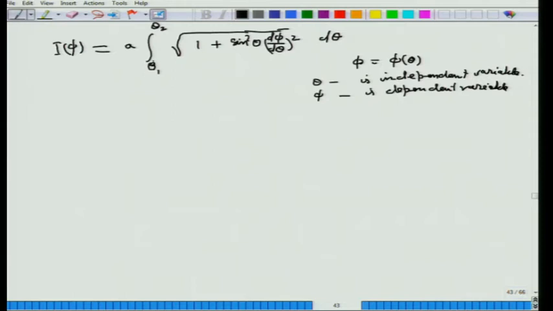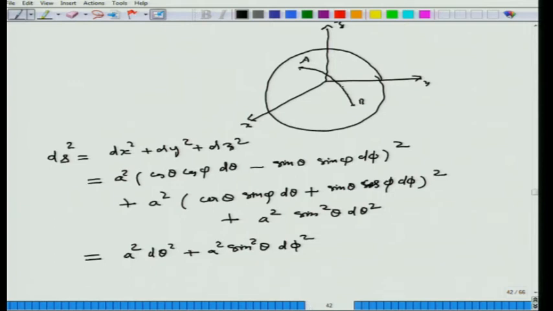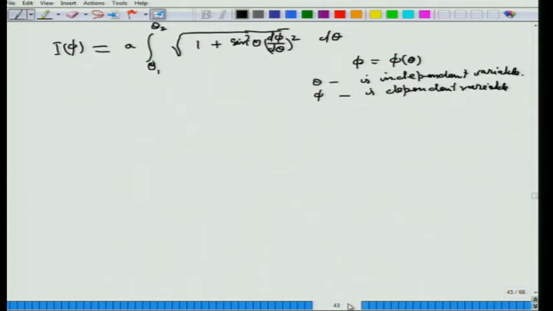Integration over theta lying between theta 1 and theta 2, where theta 1 will be for this A and theta 2 will be for B. So, for this, f is now a square root of 1 plus sin square theta phi dash square, where phi dash means d phi by d theta.